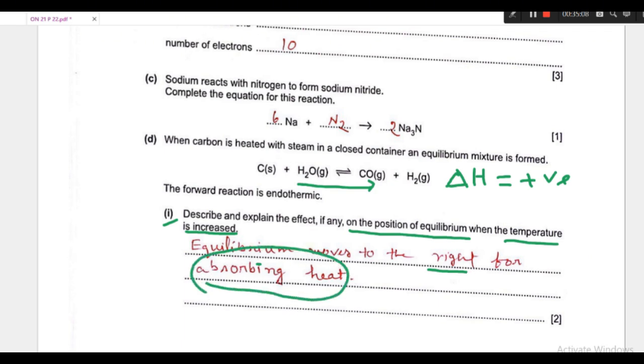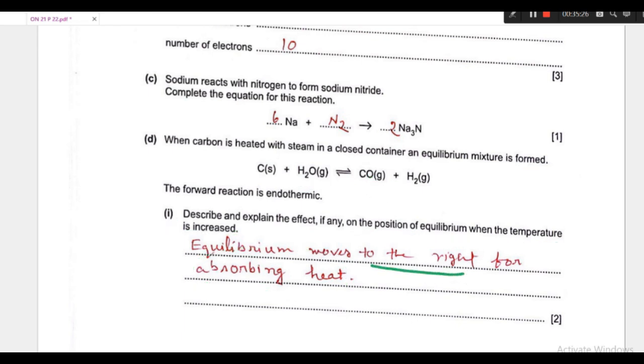For absorbing heat. If you increase temperature, the reaction will try to decrease temperature, try to absorb heat. As this is an endothermic reaction, if it goes left to right, it will absorb heat. That's why the answer will be left to right, for absorbing heat, to take in heat, to decrease the temperature.